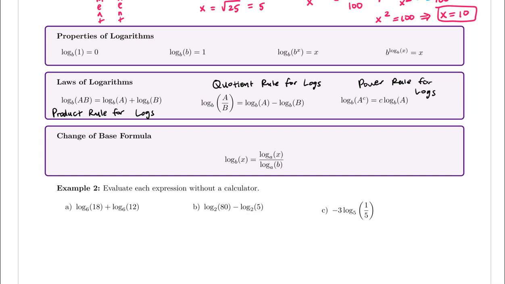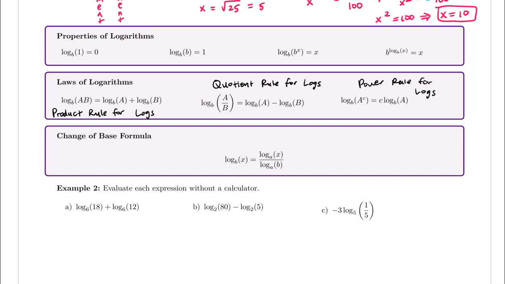Not to be confused with the product rule, quotient rule, and power rule for derivatives, so don't get those confused. And then finally, we have the change of base formula, which comes in handy sometimes, especially when you have a calculator that does not have all of the log bases. Sometimes if you're dealing with a scientific calculator or a simpler calculator, it'll only have the natural log and the common log, so the change of base formula comes in handy.